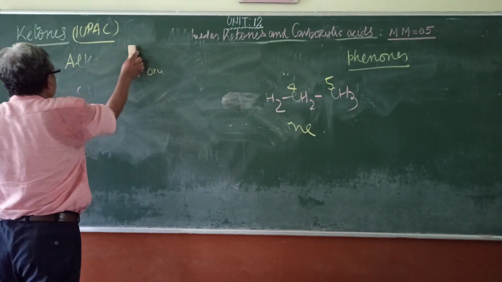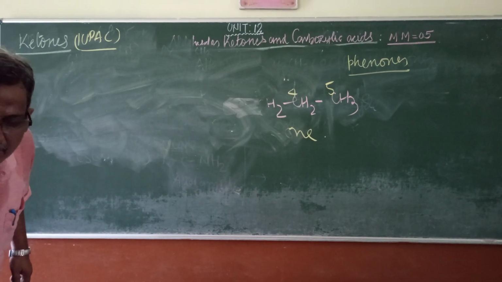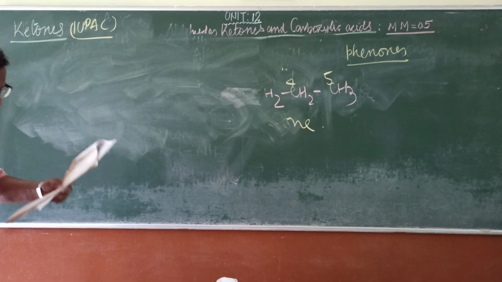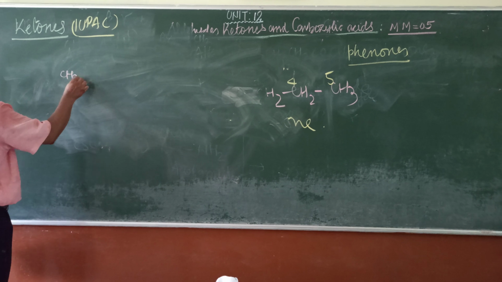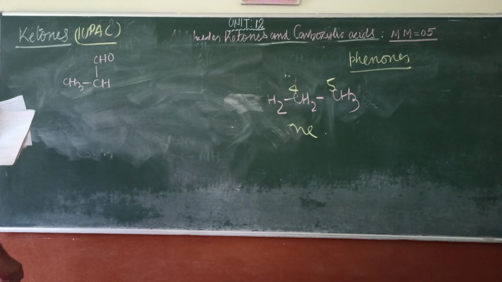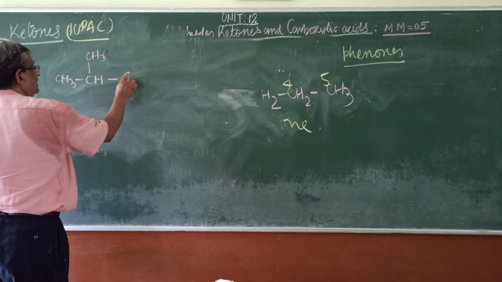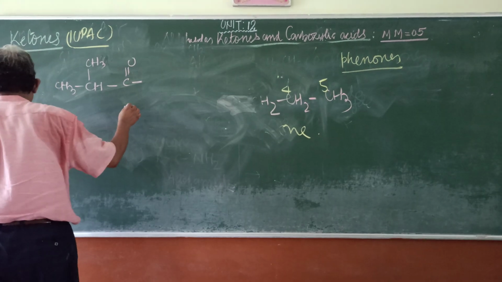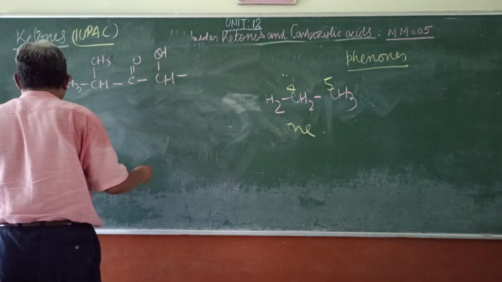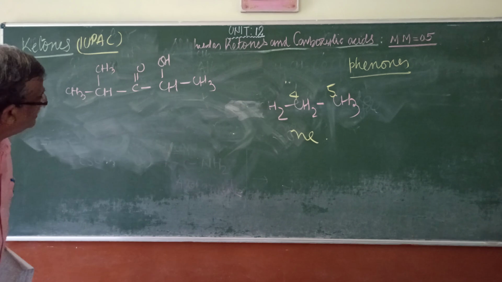Last example I will give you in this. Be careful with this. I am writing the structure of the compound here. Now in the structure I will write here CH3, CH, CH3, sorry, then C double bond O, CH, CH3, and here it is CH3. I will number the carbon atoms.